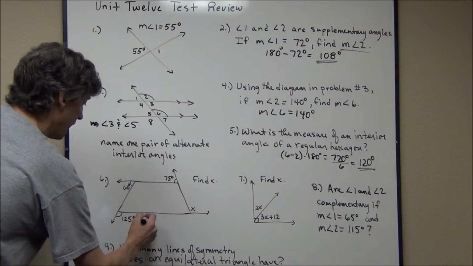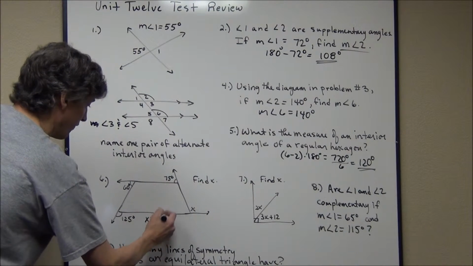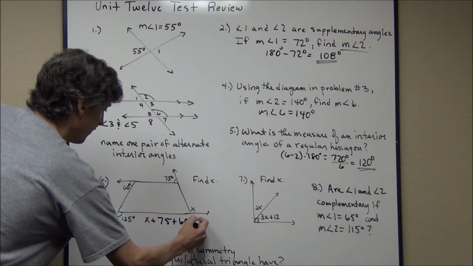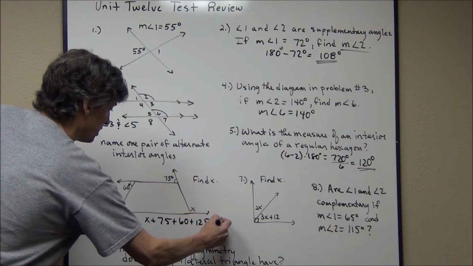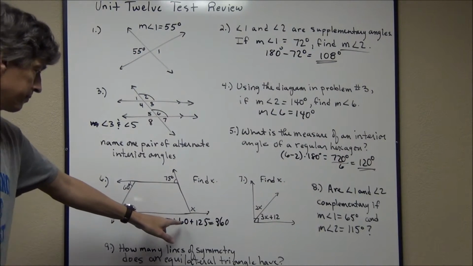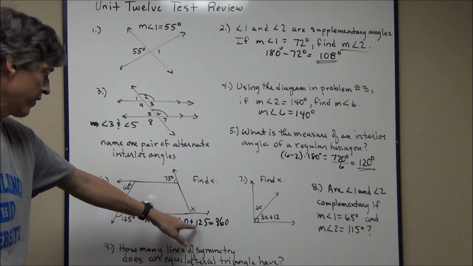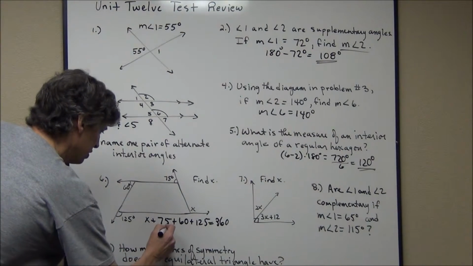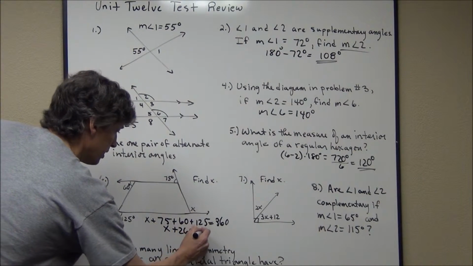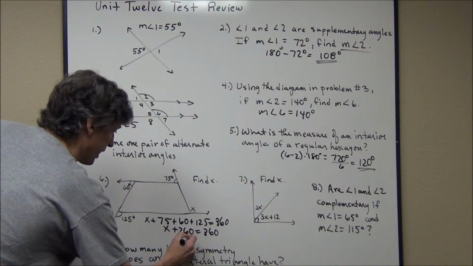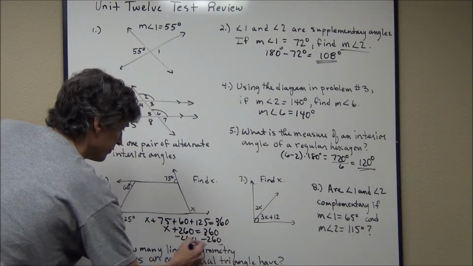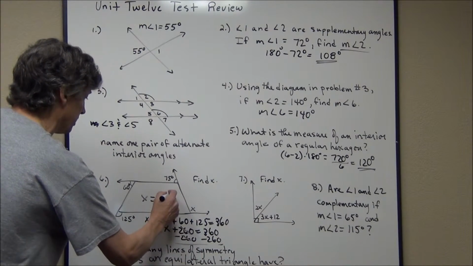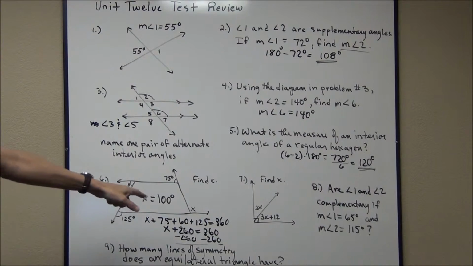Well, x plus 75 plus 60 plus 125 has to add up to 360. 75 and 60, that's 135, and 135 and 125, that's 260. So now I'm going to solve for x. I'm going to subtract 260 from both sides. And I get x is equal to 100 degrees. And that would be the measure we're looking for.